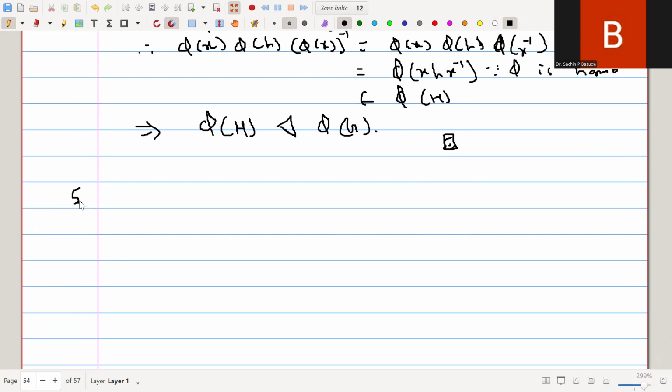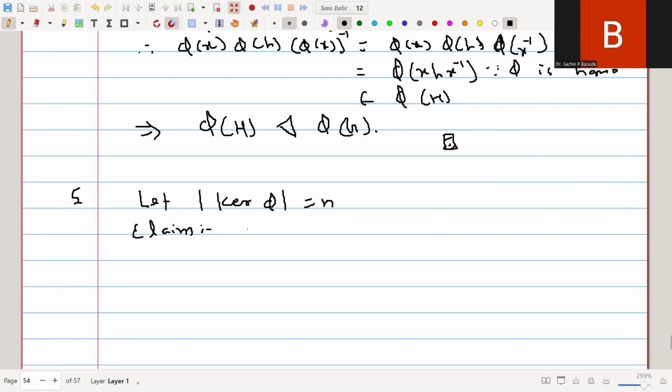What is the fifth one? The fifth part is: let the order of the kernel of phi equal n. This is the given thing.